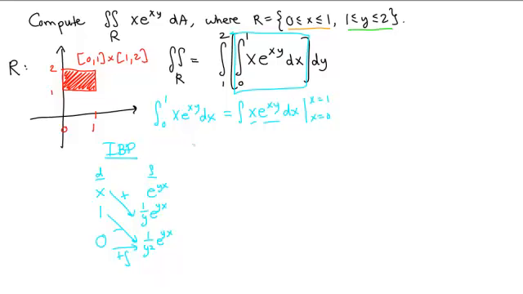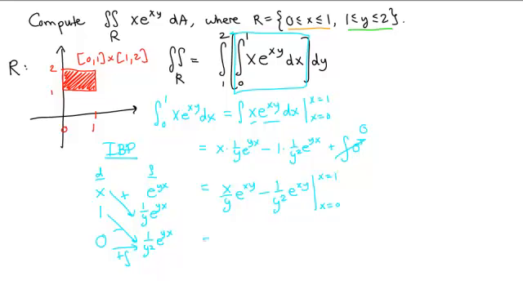And so that tells me that the antiderivative of this function is equal to x times 1 over y e to the yx, minus 1 times 1 over y squared e to the yx, plus the integral of 0 times something else. Well, the integral of 0 is just 0. And so we get x over y e to the xy minus 1 over y squared e to the xy, evaluated from x equals 0 to x equals 1.